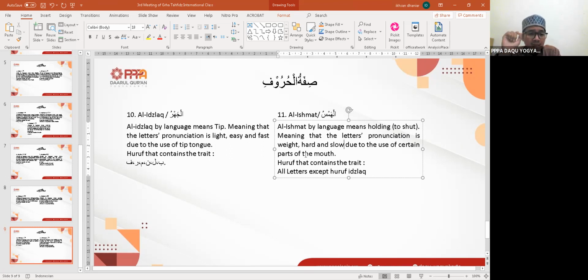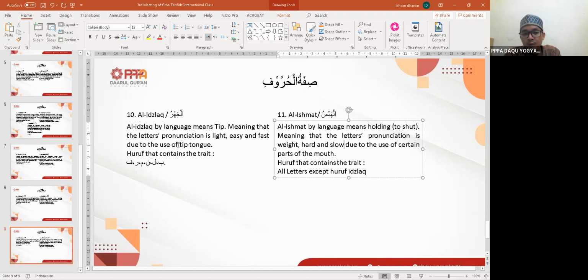That makes it hard and slow to pronounce the huruf. Again, it's not according to me, it's according to Arab people. They consider that exactly these six huruf are included in al-izlaq.